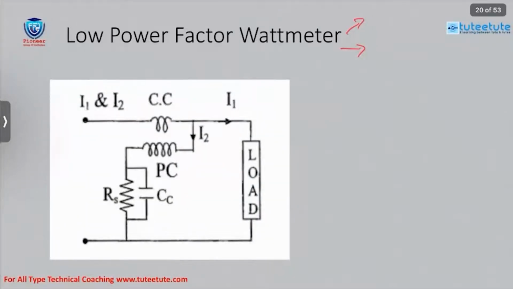Wattmeter means we know power P is equal to VI cos phi, where cos phi is called the power factor.